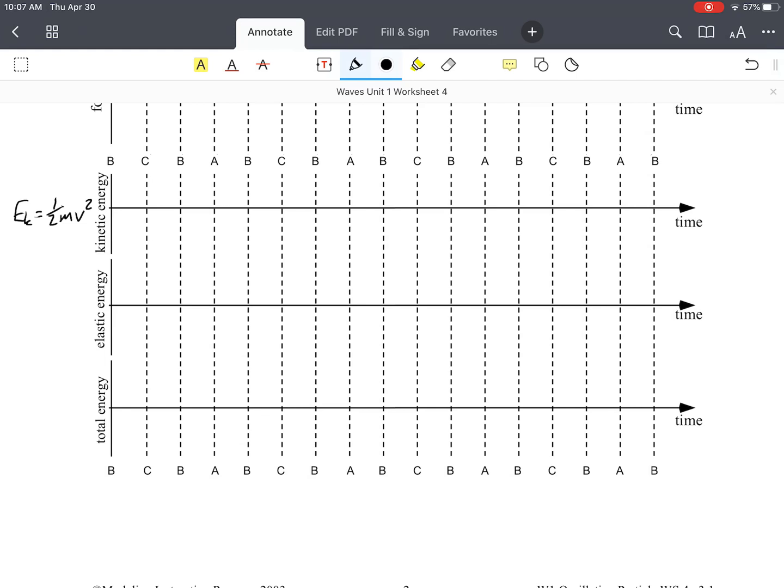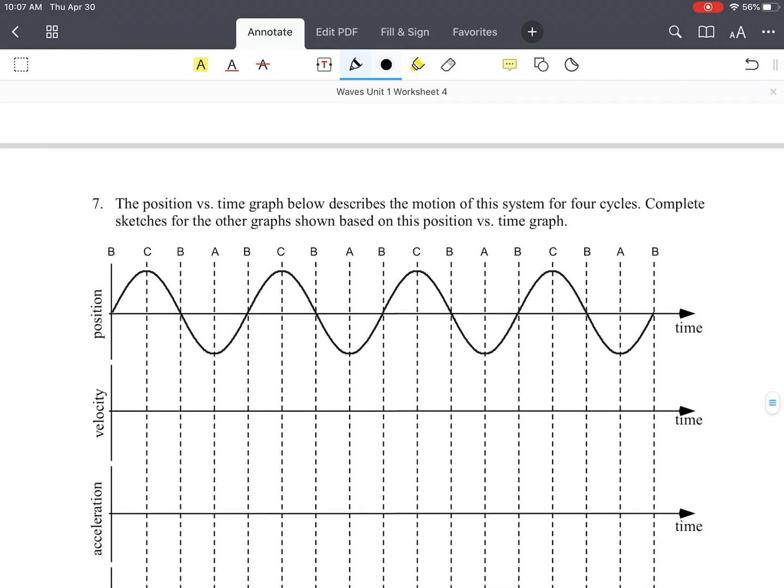And if your velocity is 0, then your kinetic energy should be 0. And then the elastic energy, EEL, is related to how far it's displaced from the equilibrium position. So if it's at the equilibrium position, it's not displaced, so that's when elastic energy is 0. And when you're at your maximum points, to the right or left, that's when your elastic energy is the biggest.